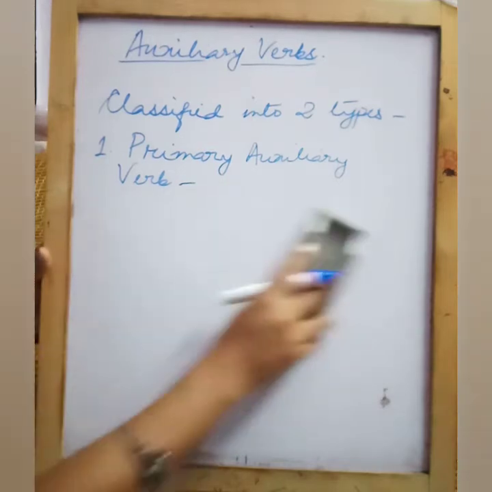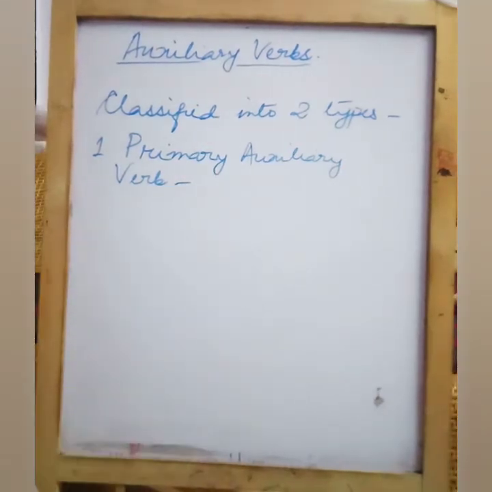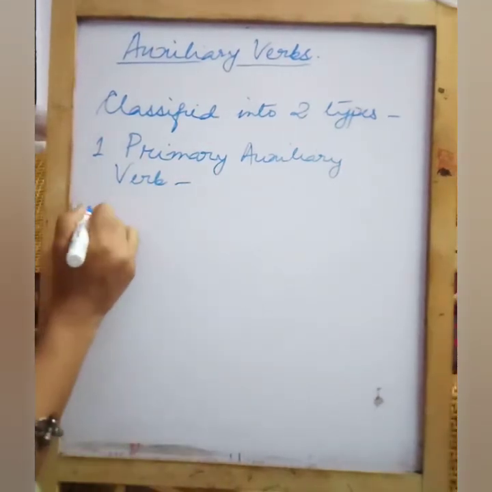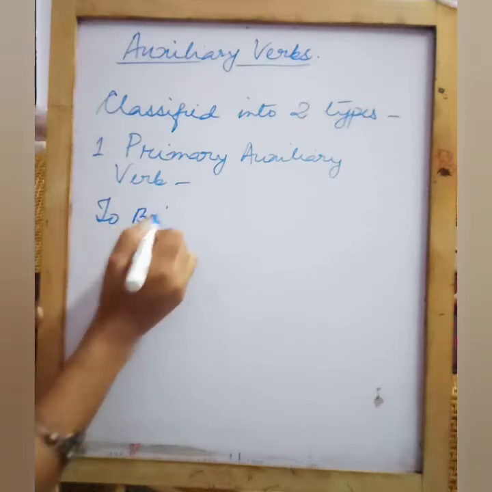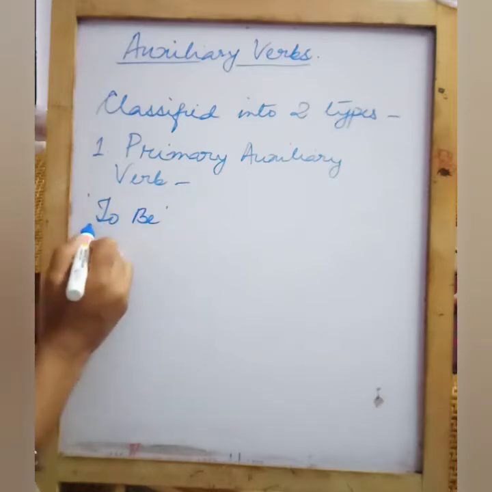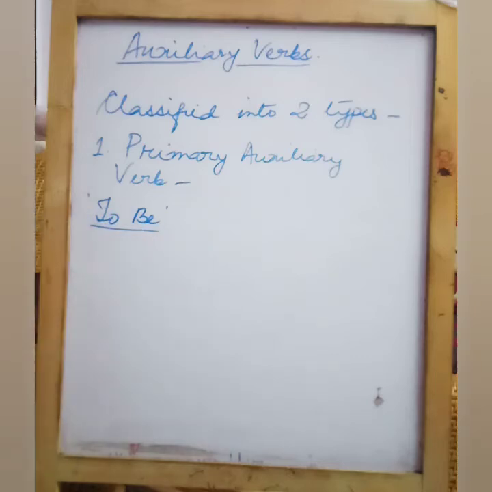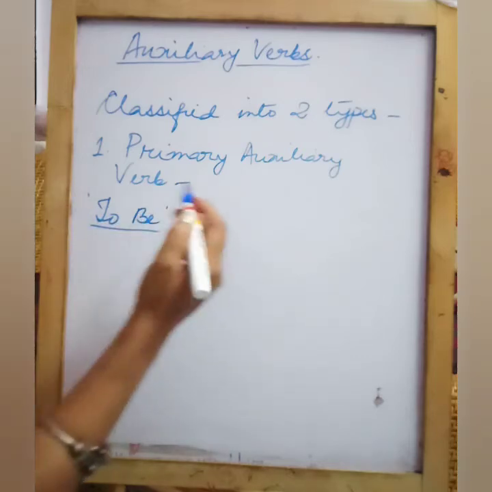So now we'll come to the primary auxiliary verb. Now what are the primary auxiliary verbs? The to be verbs. Alright. This is the primary auxiliary verb, to be. Now to be also has some forms, in which you can use them.